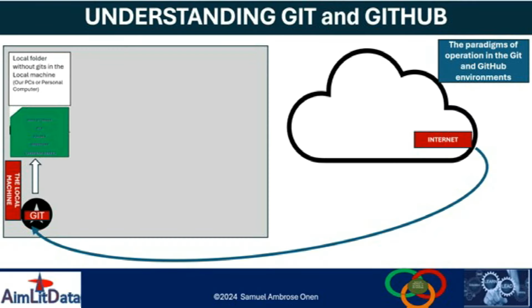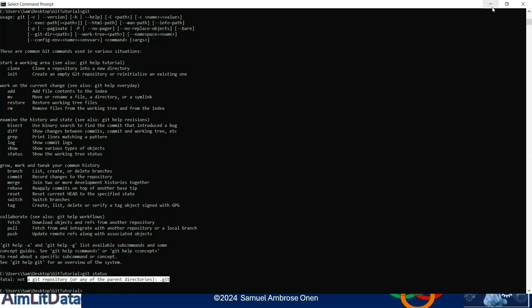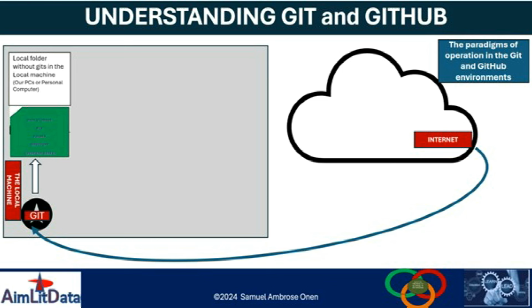So my friend, at this point we need to make this folder a Git repository in order for us to be able to use it. Some of you may think that maybe the folder is empty, that's why Git is not being recognized. Okay, let us try to create a file and save it inside that folder.